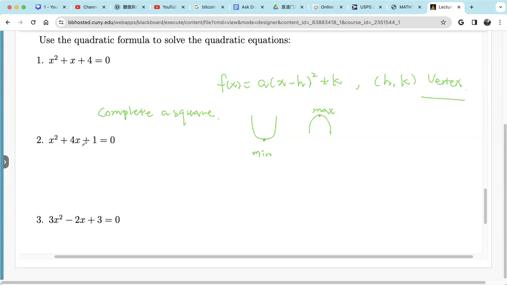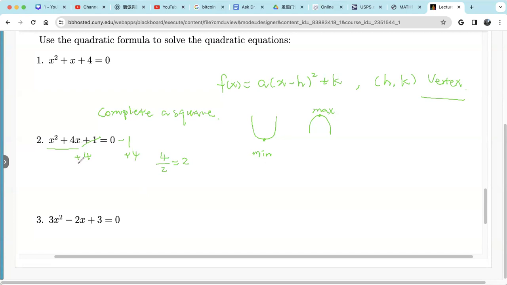So we move positive 1 to the other side, it becomes negative. Now I have 2 terms, x squared plus 4x. I take the number before x, which is 4, and divide by 2, which I get 2. Then I add 2 squared, so I add 4 on both sides.